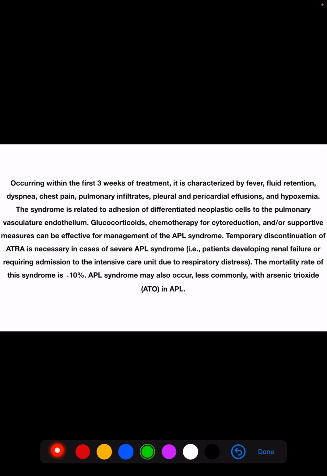So what is APL differentiation syndrome? It occurs within the first 3 weeks of treatment. When does it occur? In the first 3 weeks of treatment. How is it characterized?